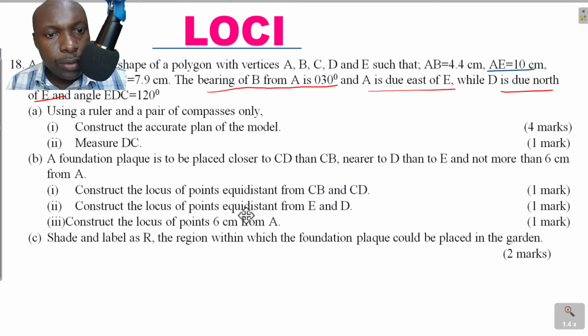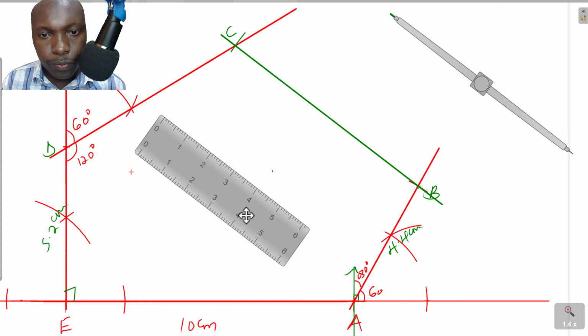The first question, we've done the first one using a ruler and a pair of compasses only: construct the accurate plan of the model. Question 2, measure DC, 1 mark.